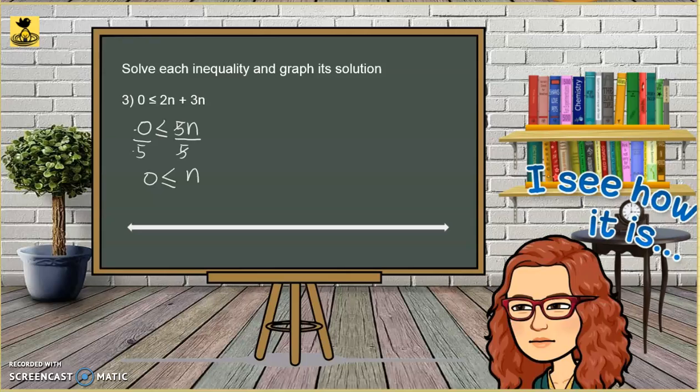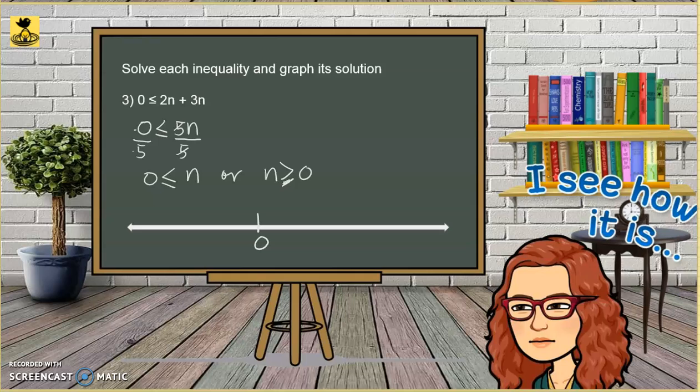So we have n. So again, we can also rewrite this as n is greater than or equal to 0. So we can locate 0 here and graph n is greater than or equal to 0.